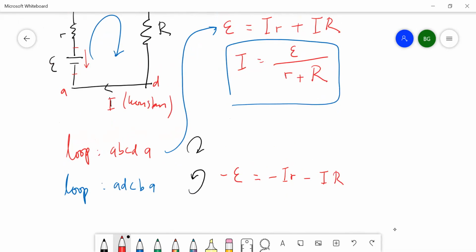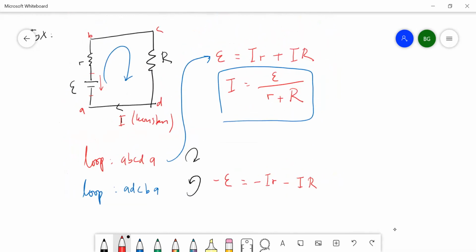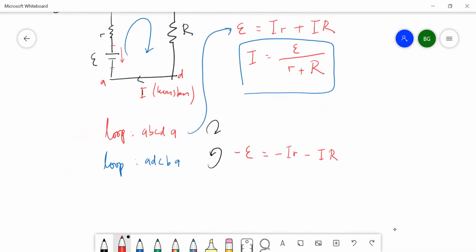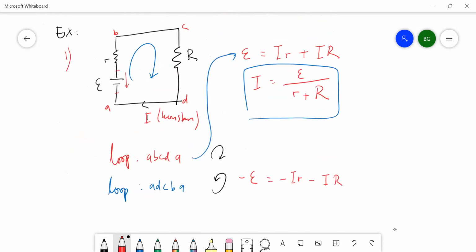You can take any loop, in any direction. Any question? So this is number one.